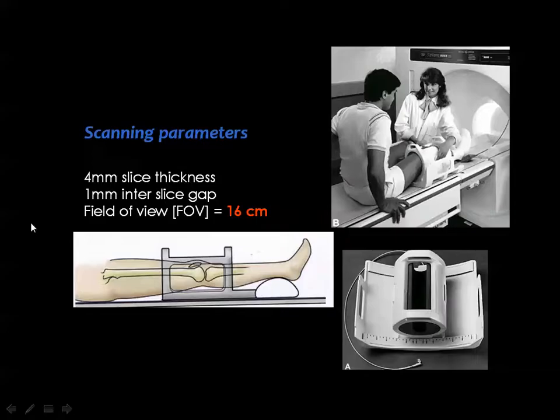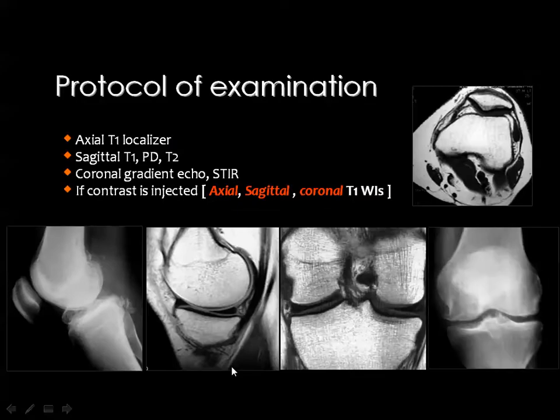But if you use a very small field of view, then you may lose some of the anatomic details at the periphery of the image. Then the suitable field of view for a standard knee examination is around 16 centimeter.